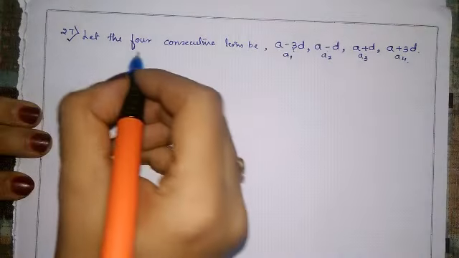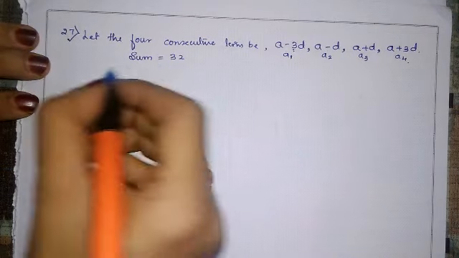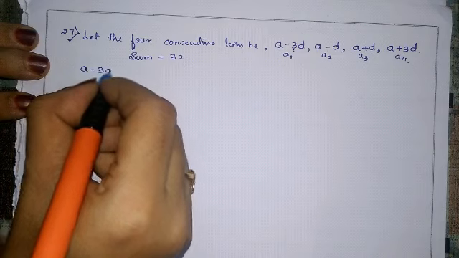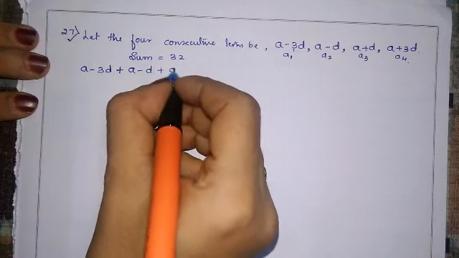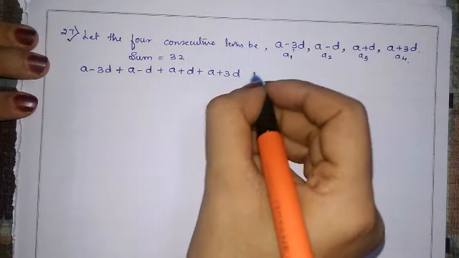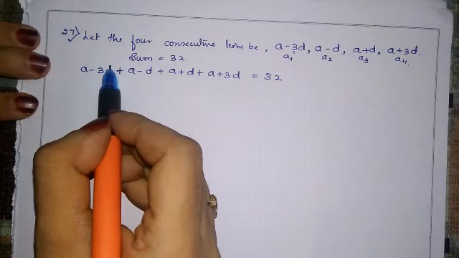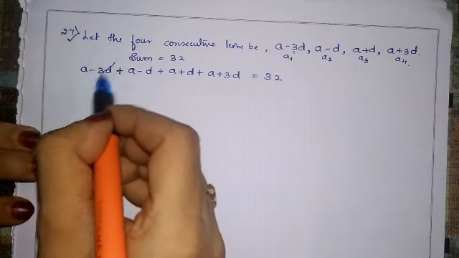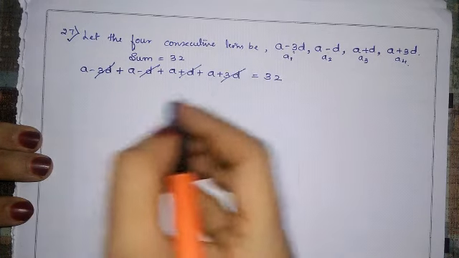So what they have given in the question: the sum of these terms is 32. Let me write the sum. (a − 3d) + (a − d) + (a + d) + (a + 3d) = 32. Now see how it gets cancelled easily: −3d plus 3d, −d plus d.